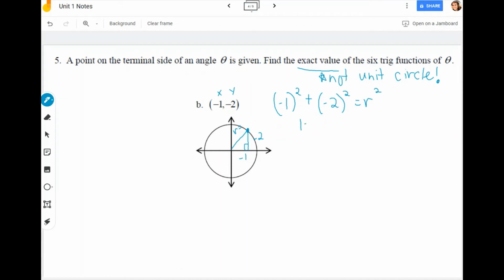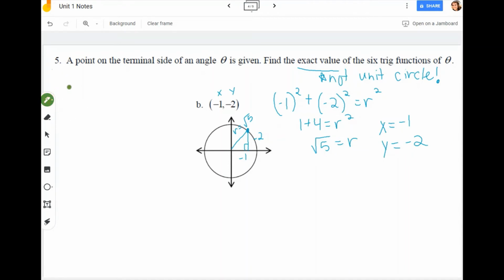So we end up getting 1 plus 4. So the square root of 5 is our radius. So I can write that in here. So now I'm going to be using this, my x being -1 and my y being -2, to help me find these trig values.